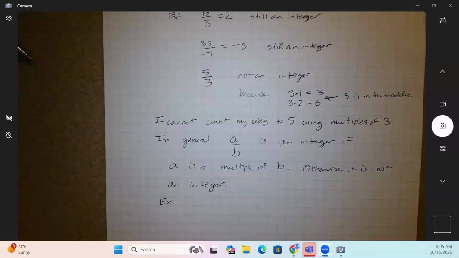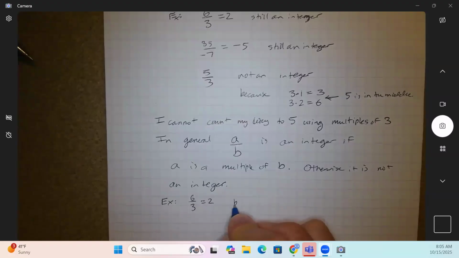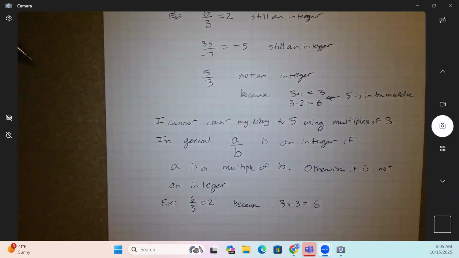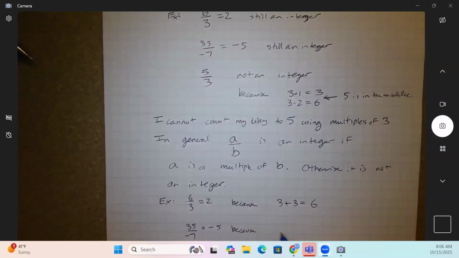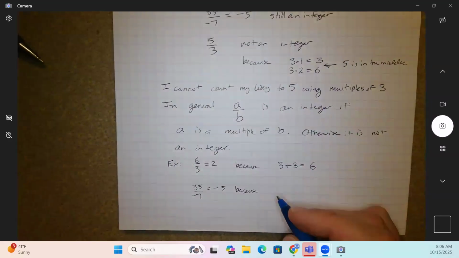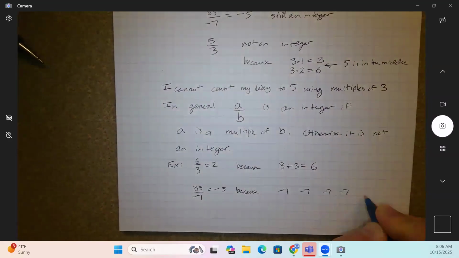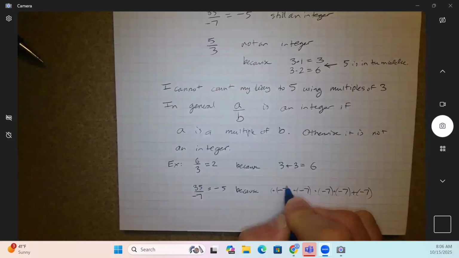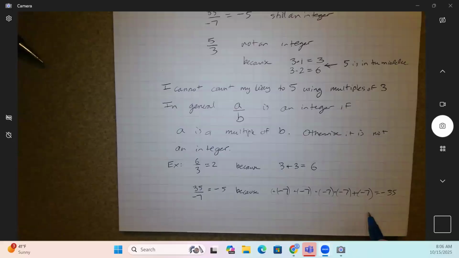So let's look at our examples. 6 over 3 equals 2 because 3 plus 3 equals 6. 6 is a multiple of 3. 35 over -7 equals -5 because if I take a bunch of -7s and I add them all up, and I have to be a little careful with integers as we've seen, that gets me to -35, which means if I put a minus out in front of everything, it would get me to +35.